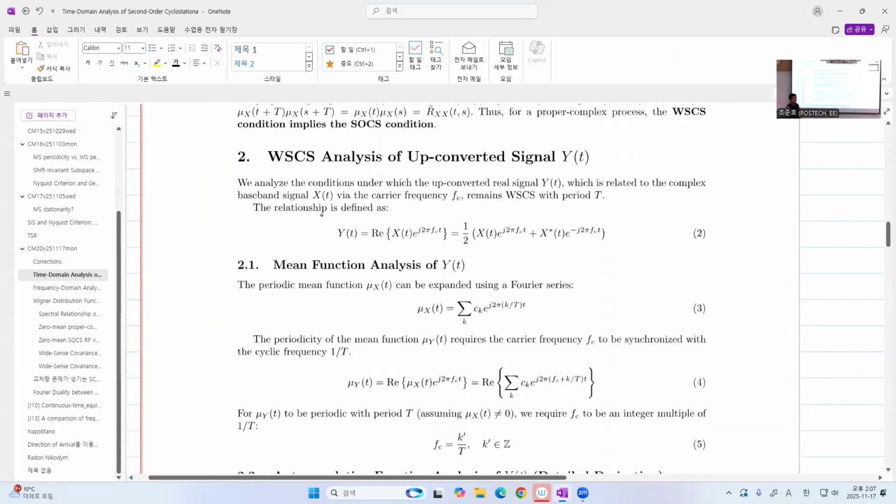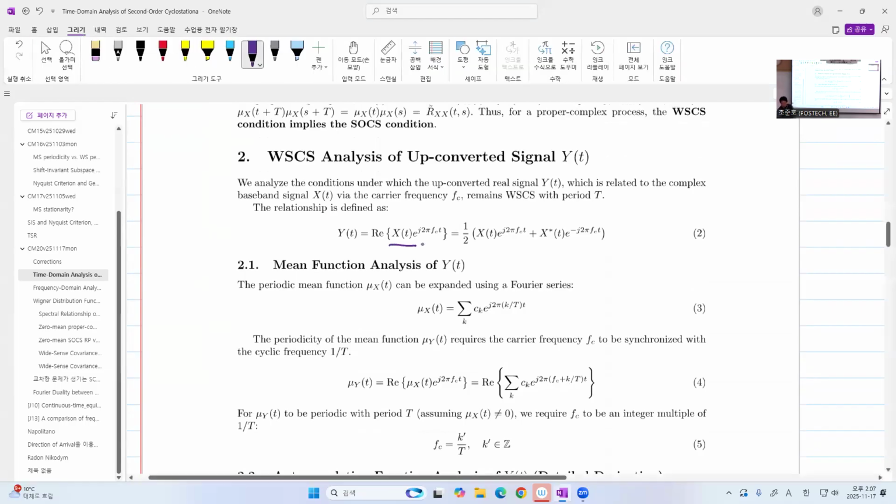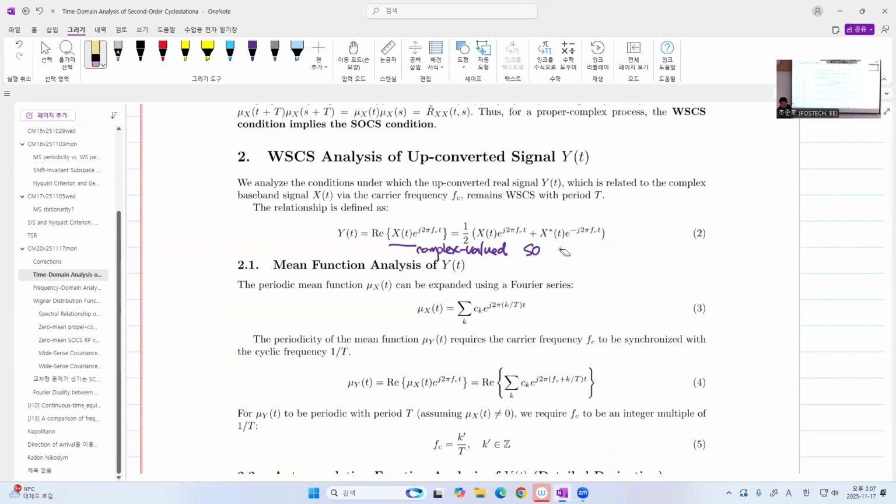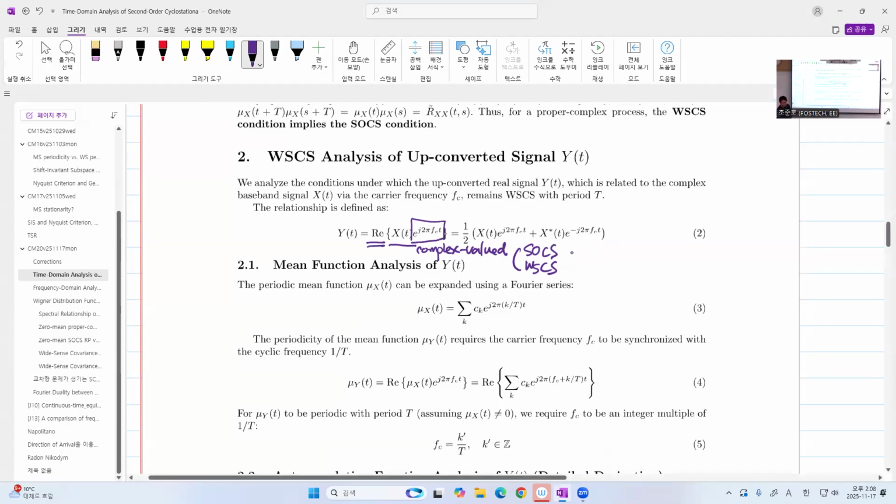Now, let's think about this case. Here, the key is that x of t is complex valued cyclostationary, second order cyclostationary, or Y-sense cyclostationary, depending on the situation. And here we have the up-converted version of it, obtained by multiplying by the carrier and taking the real part.